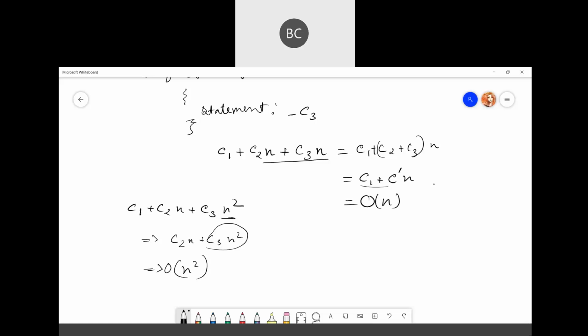Whichever part will give you the highest time, meaning maximum time, that will be the complexity. Is this part clear for everyone?